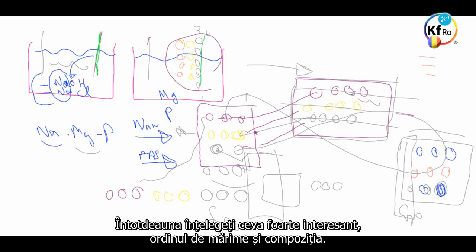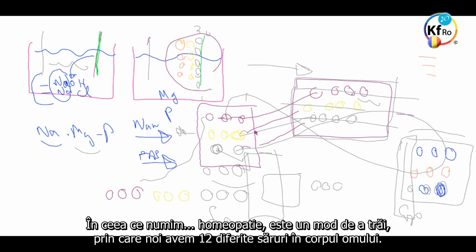the order of magnitude and the composition. In what we call homeopathy, there is a path of belief that we have 12 different salts in the body of the man.